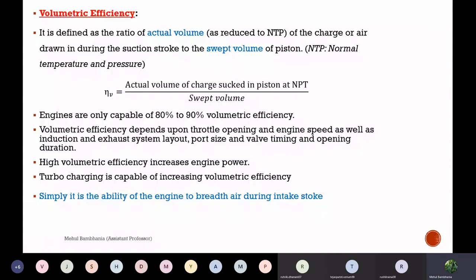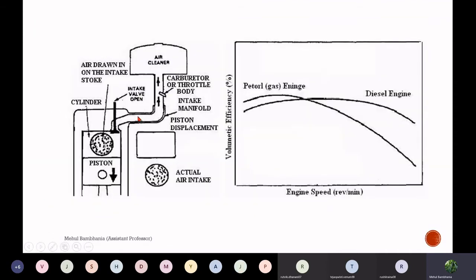It is obvious that higher volumetric efficiency will give you more power, right? By providing precise valve timing, you can increase the volumetric efficiency. Obviously, by providing variable valve timing, we can also improve it. What else?